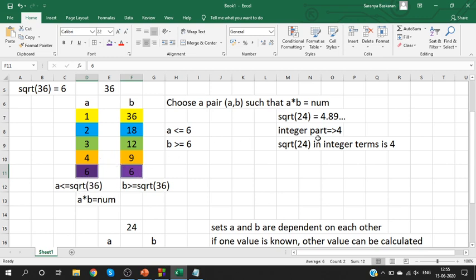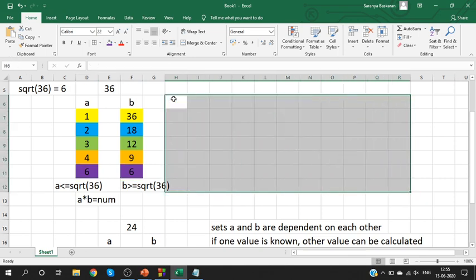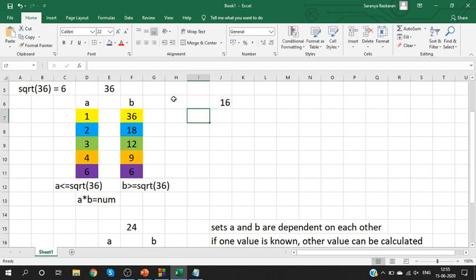Similarly for 16, consider for 16 also. When you consider for 16, divide them as two sets: 1 into 16, 2 into 8, 4 into 4, and 25, 81. For any perfect square, the value will be repeated. Is this clear? Okay.